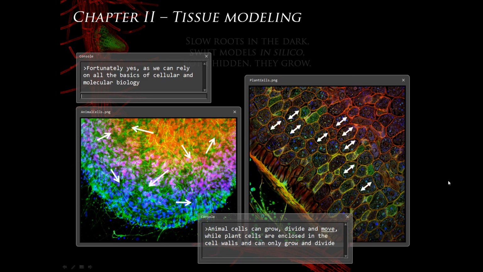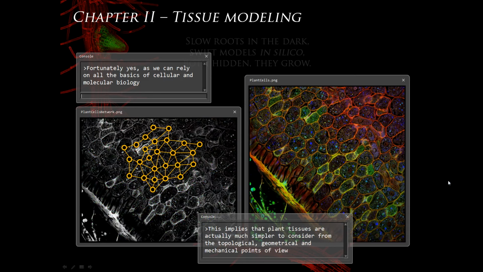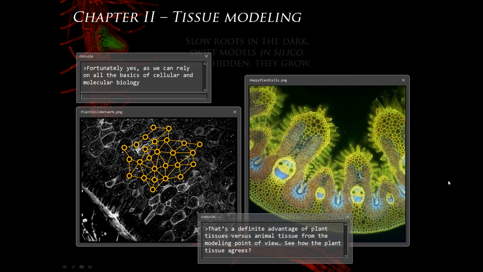Animal cells can grow, divide and move, while plant cells are enclosed in cell walls and can only grow and divide. This implies that plant tissues are much simpler to consider from the topological, geometrical and mechanical point of view, because there is less cell movement and no changes in neighborhoods. And this is a definite advantage of plant tissue versus animal tissue from the modeling point of view.